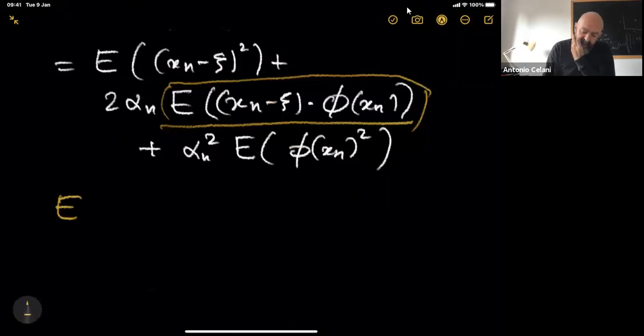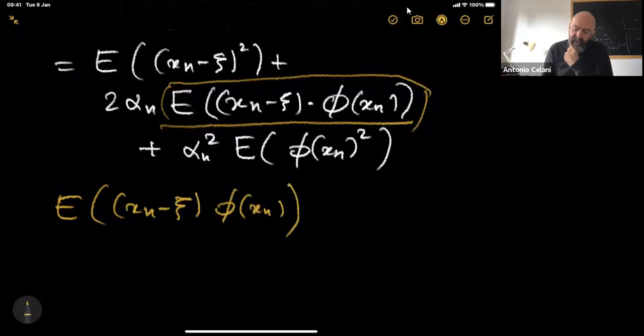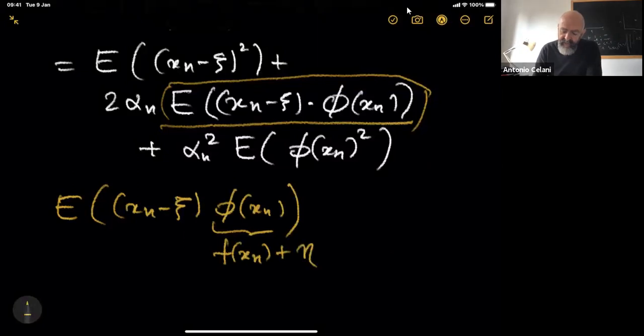This expectation of this product: remember that this term here is the value of the function at xn plus the noise, which we have evaluated at step n. This is the noise term.